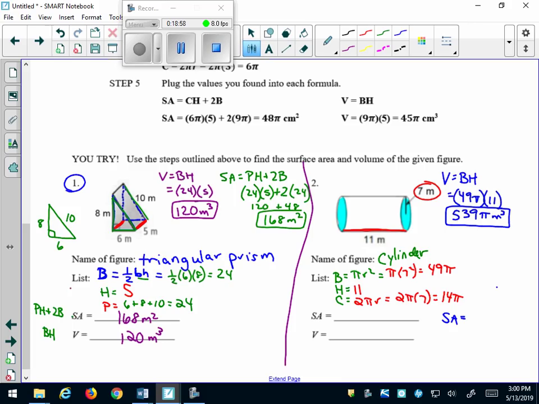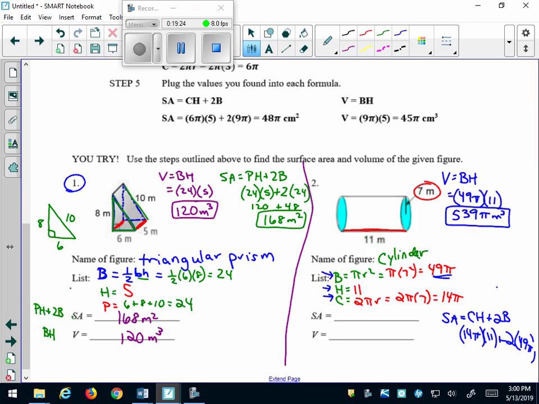Surface area is CH plus 2B. Circumference is 14 pi times the height, which we said is 11. We're just using all of these things from our list, right? Plus 2 times the area of the base, that's this one, 49 pi.